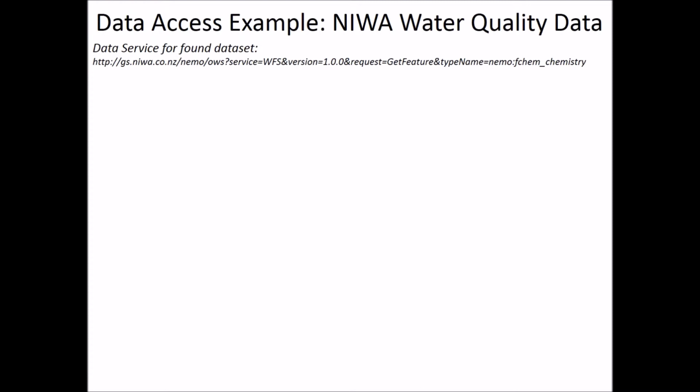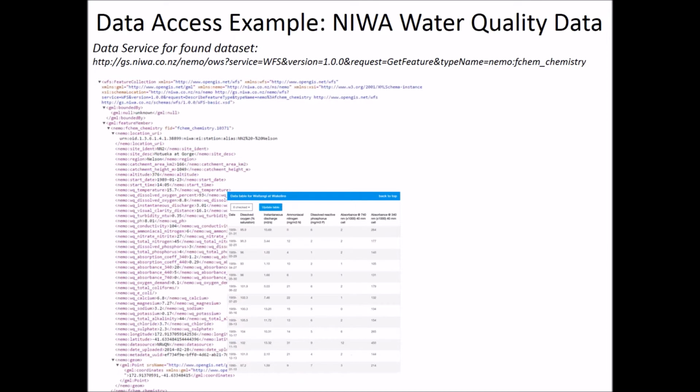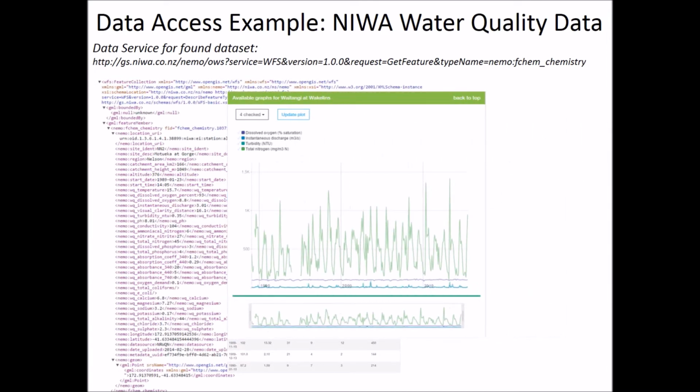It is based on a standard OGC Web Feature Service (WFS), and if you query it, if you put it in your browser or in your client, you get an answer like this, which again is consistent with the OGC web feature service, and which provides lots of data about what observations have been made at a particular site at a particular time. And you can of course then render this as graphs or tables.